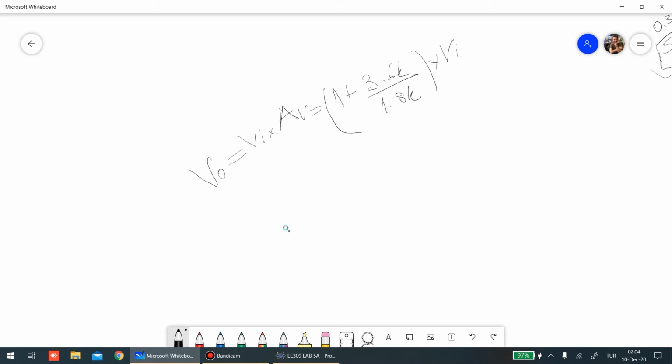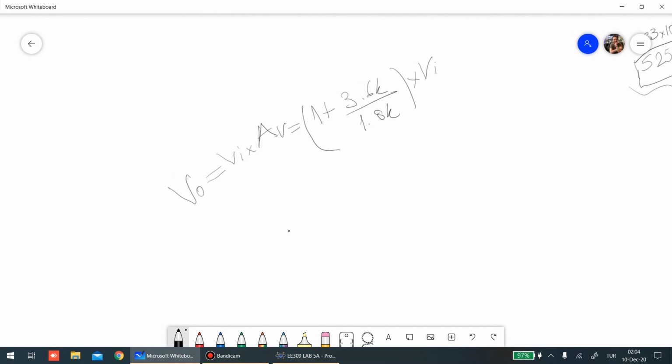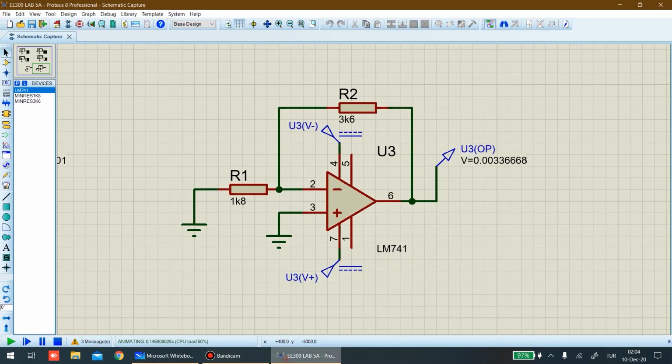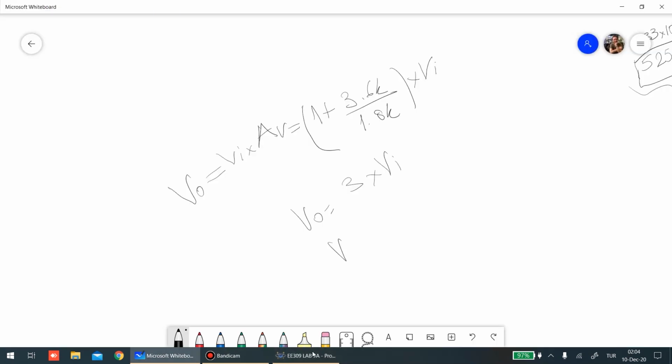Now we have 3 times V input. What is V input? It is equal to 0. V out should be 0.